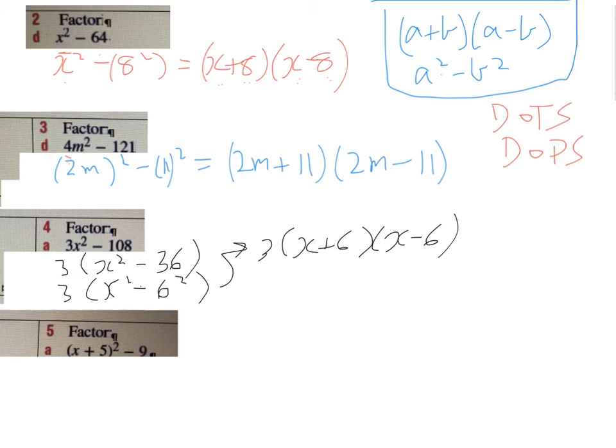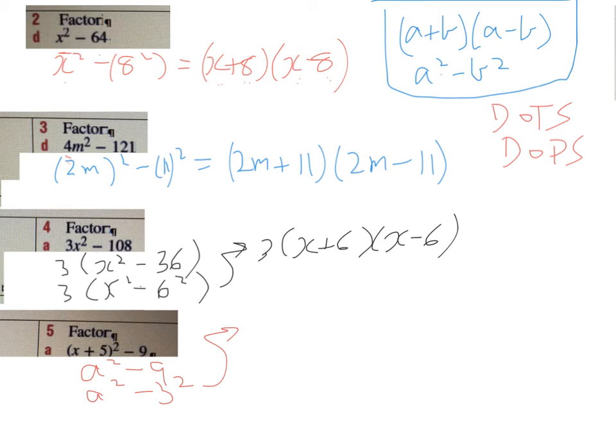Now, sometimes what they'll do is they will put this here, that's a number. You can consider that as being a in this case. So here we can write this as a squared minus 9. Hopefully we know that 9 is 3 squared, so a squared minus 3 squared.